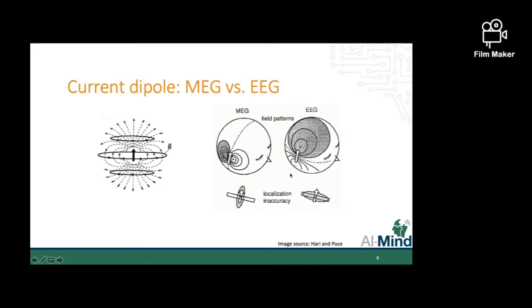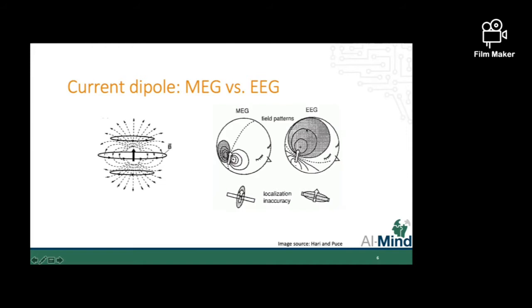So the currents flow in between the two extrema, and on the side of each of the source, we have magnetic fields either flowing out or flowing into the brain. Now the same dipolar source in EEG is perpendicular to the MEG field patterns.